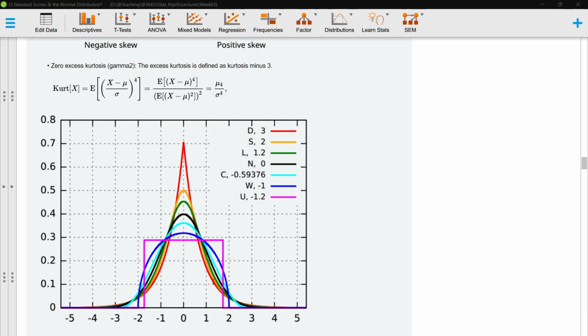For example, this one, the rectangular type of distribution called the uniform distribution, will give us minus 1.2 excess kurtosis. That represents a pretty short-tailed distribution.